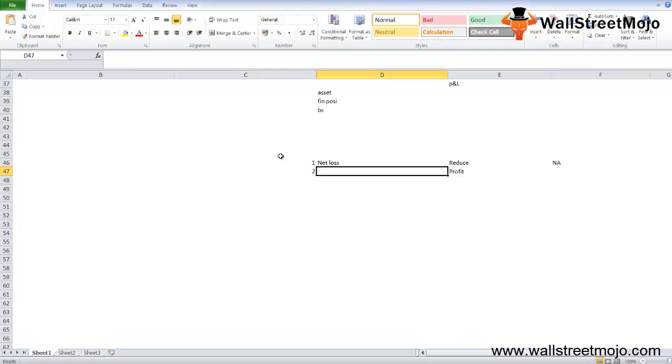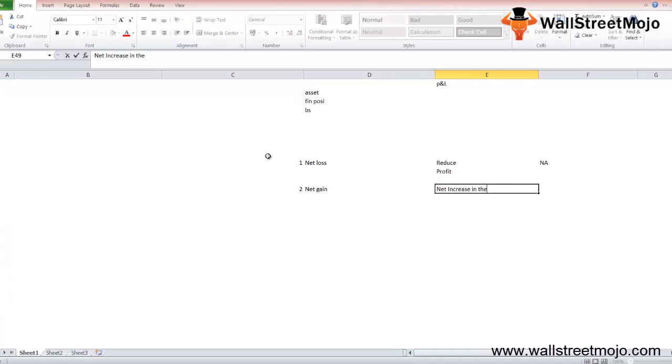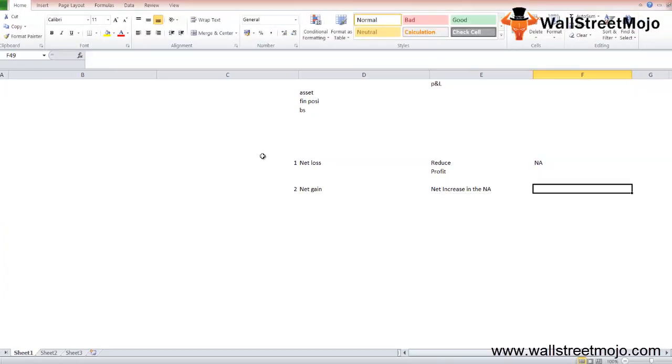Second, in case of a net gain in the reporting period, there will be a net increase in the net assets of the company, and the net gain will increase the overall profit of the company. So that's it for this particular topic of accounting for hedges.